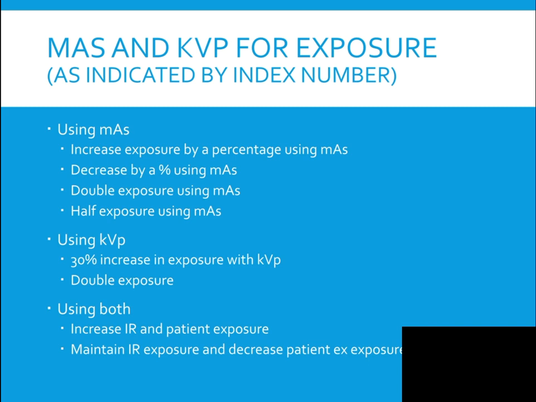So what you're going to look for is primarily your index number, but your index number is dependent on the overall quality of your exposure to your image receptor. So if your index number shows that you made an adequate exposure, but your field size is enormous, let's say you shot a hand.